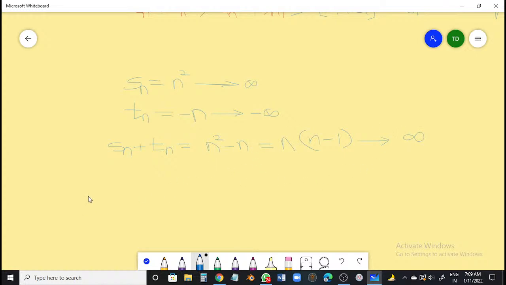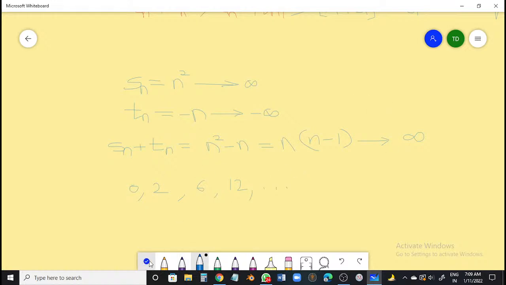If you go with the terms, 1 square minus 1 is 0. 2 square minus 2, 4 minus 2 is 2. 3 square, 9 minus 3 is 6. 4 square, 16 minus 4. And so on. So you watch, the terms are going to plus infinity.